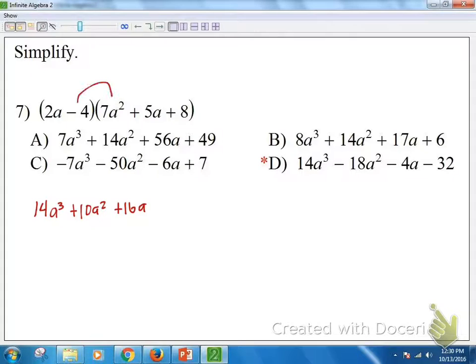And then we're going to continue. Negative 4 times 7a is negative 28a squared. I think that's right. Yep. Negative 4 times positive 5 is negative 20a. And then we have negative 4 times positive 8, which is negative 32.